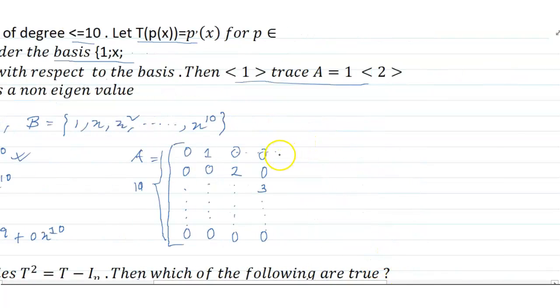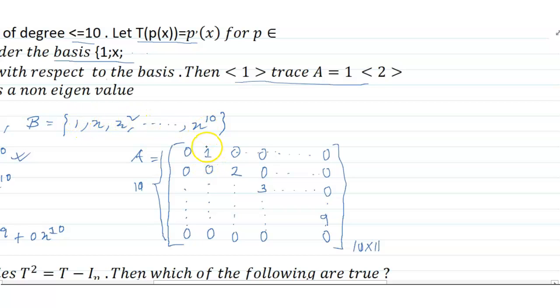So whatever we see, we see 0. We see 0. Up to 9 and 0, and this is the total portion, 11 cross 11 matrix, because total basis is 11.